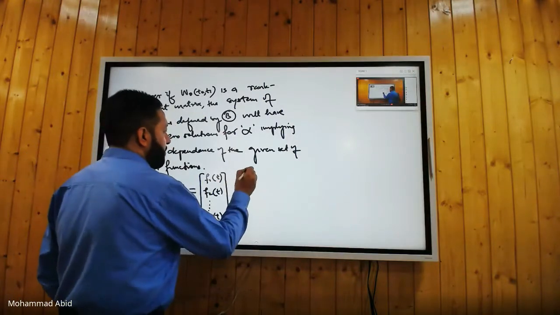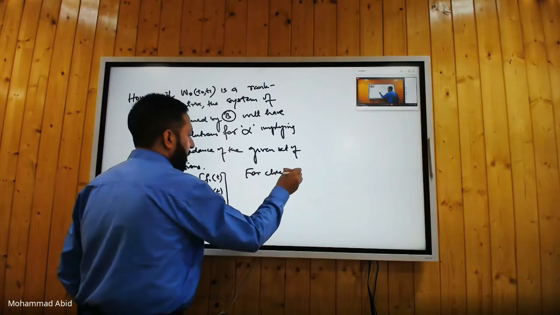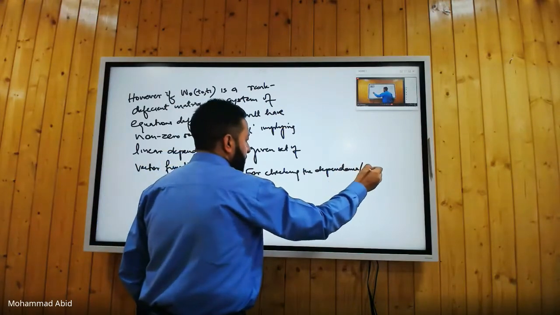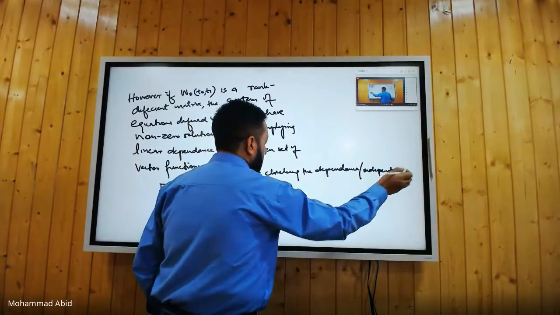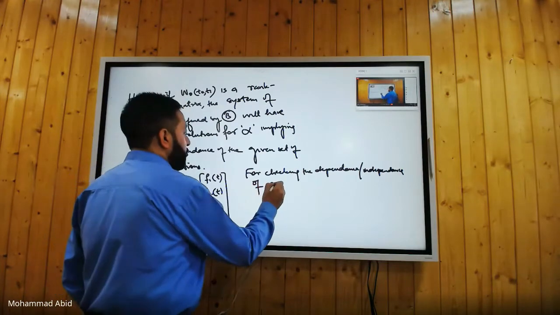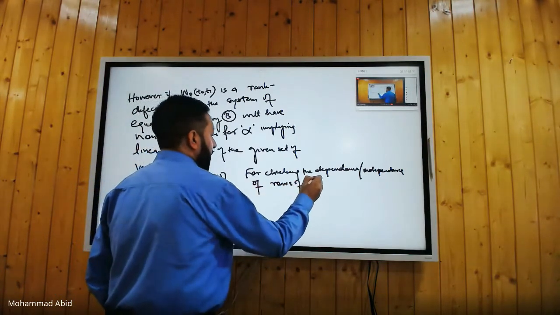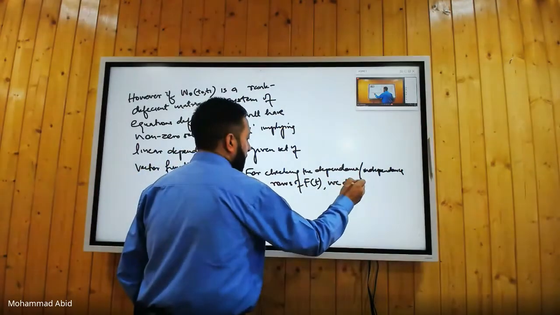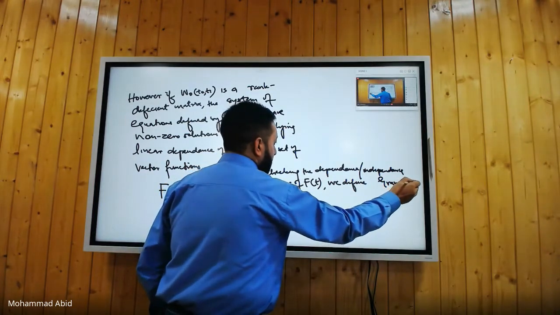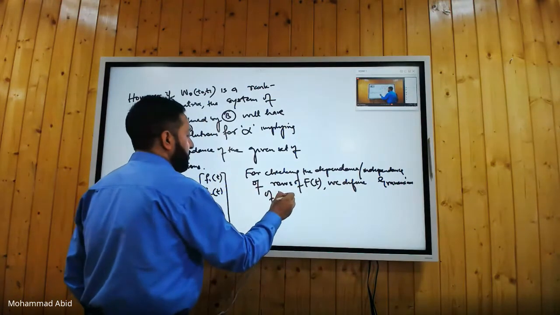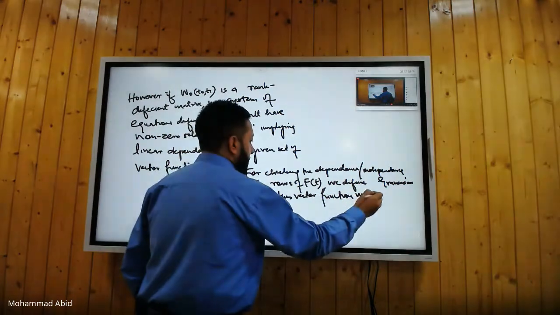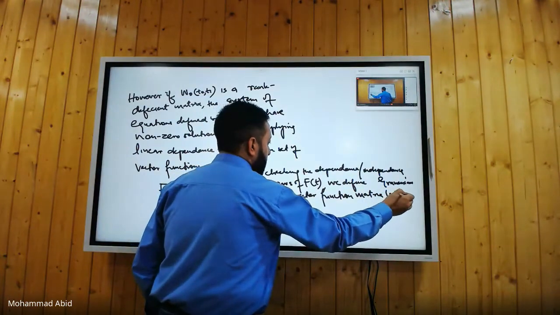So for checking the dependence, independence of rows of ft, we define something known as the Gramian of these vector functions, or Gramian of this vector function matrix, W defined over t0 to t1.